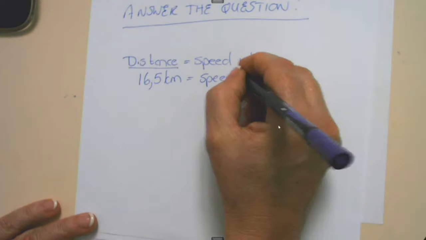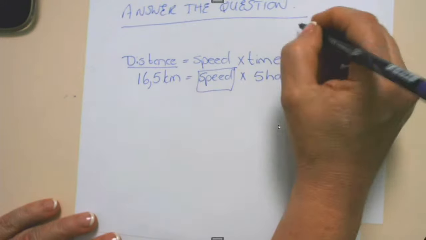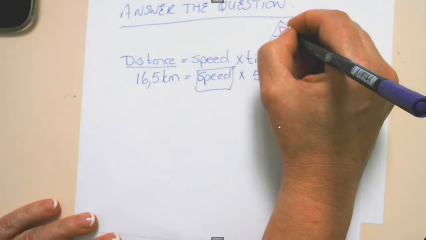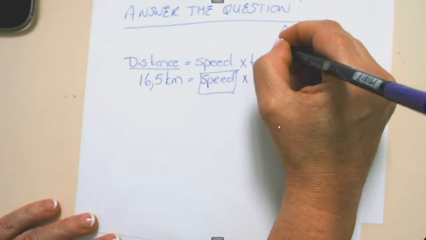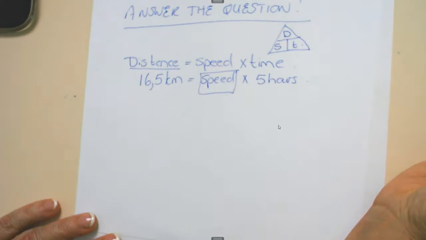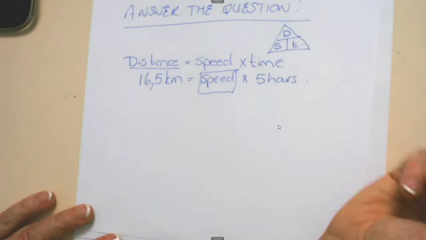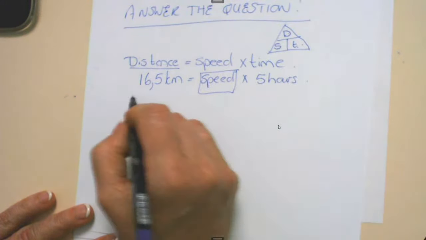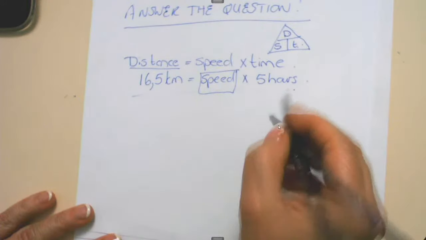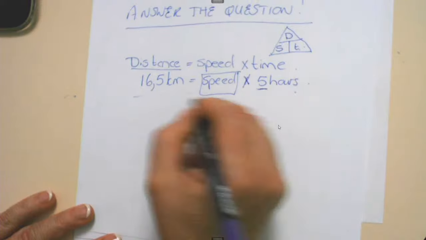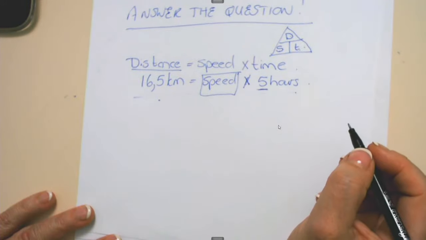Now to get the speed, some of your teachers teach you the triangle, namely that distance is speed multiplied by time. So you will immediately know that if you want the speed, you must say distance over time. Alternatively, if you wrote it like this, you can see I am multiplying with 5 on this side, so I must divide with 5 on that side.